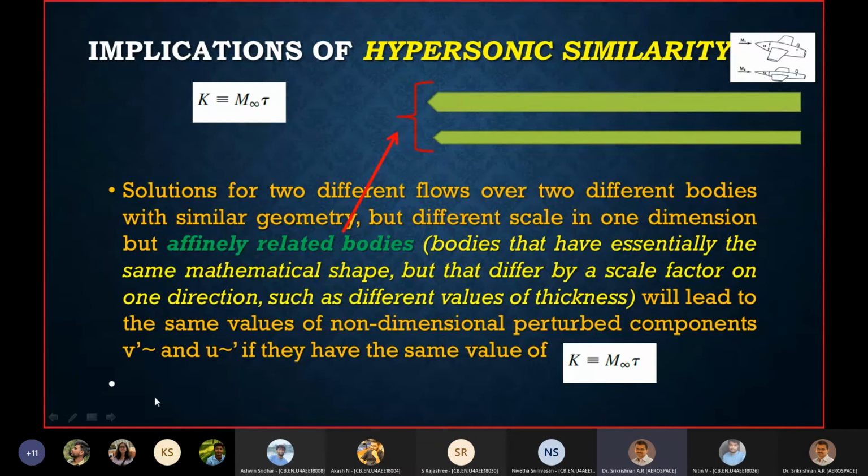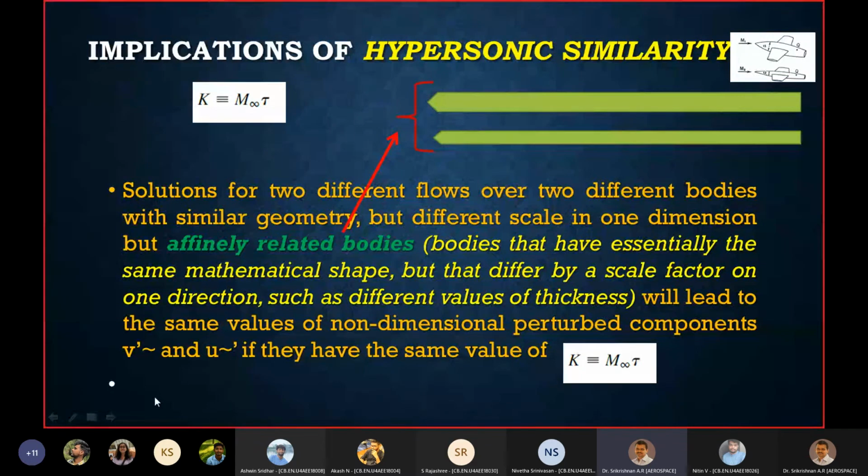The solutions will provide the same values for perturbed velocity components v prime and u prime, provided that they have the same value of M infinity into tau, which is the similarity parameter we usually indicate by K.